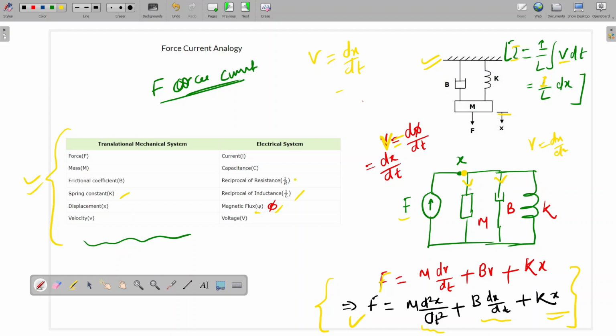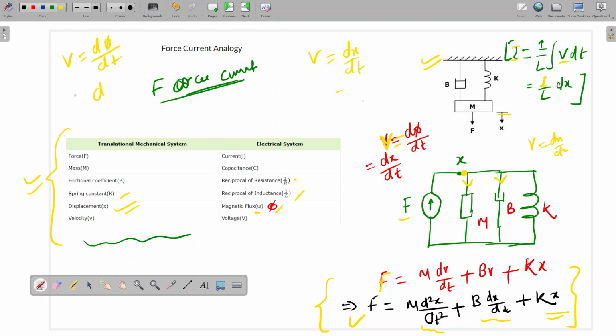So I is equal to C dV by dt. V is equal to d phi by dt, and phi is our displacement. So V is equal to d phi by dt, and phi is equal to x, so V will be dx by dt.